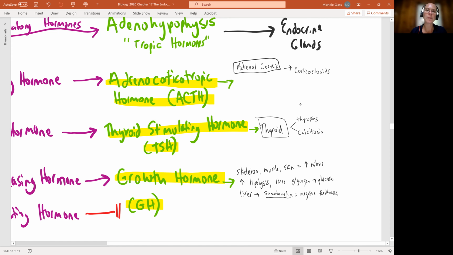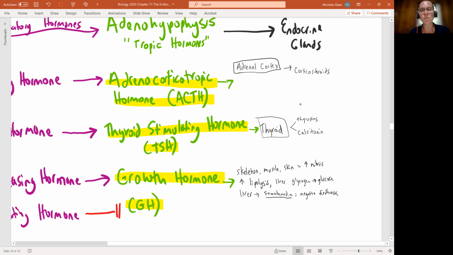What we'll see happening is your hypothalamus is going to produce the growth hormone releasing hormone. This triggers the adenohypophysis to make growth hormone. Growth hormone triggers the liver to increase production of somatomedin. So when you have a lot of growth hormone, you start getting rising levels of somatomedin.